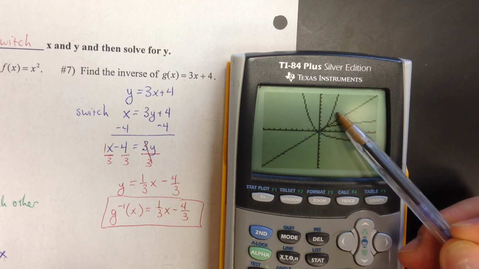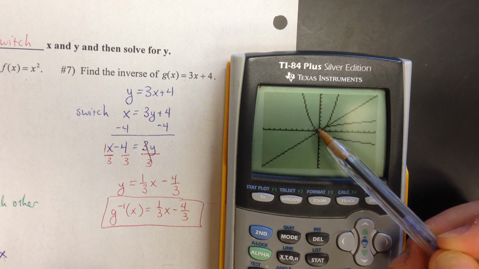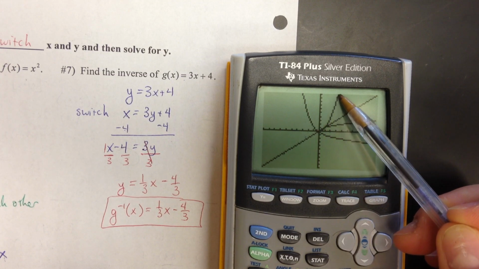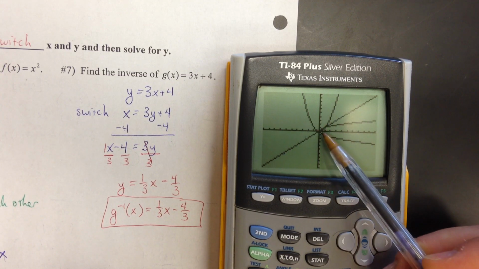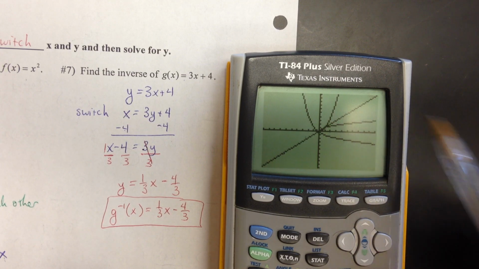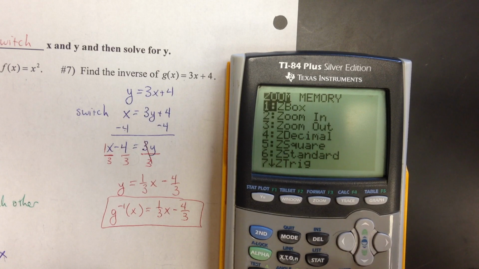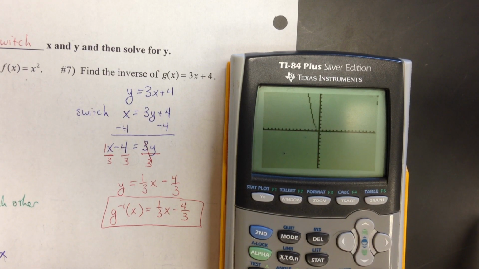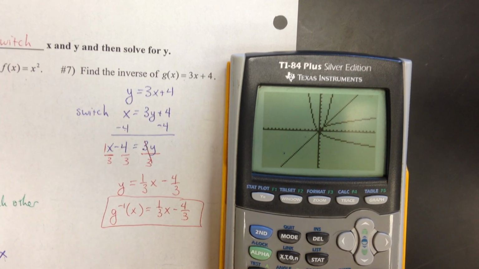If it goes through in 2 places, it's not one-to-one. So you would only look at this part where it's increasing. And then for the inverse, I would only look at this part right here. There's the symmetry. Zoom square makes it a little bit easier, I think, to see the symmetry. Okay, that looks a little bit better. And that's the end of the notes.